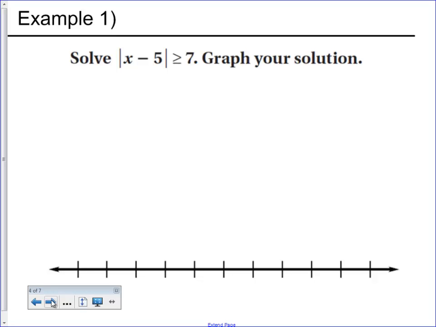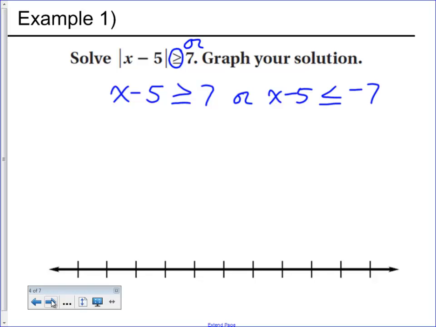First example, absolute value of x minus 5 is greater than or equal to 7. Notice that this is opening towards the absolute value sign, so that's going to be an OR, which is a union. So we're going to go ahead and write it as x minus 5 is greater than or equal to 7, or x minus 5 is less than or equal to negative 7.